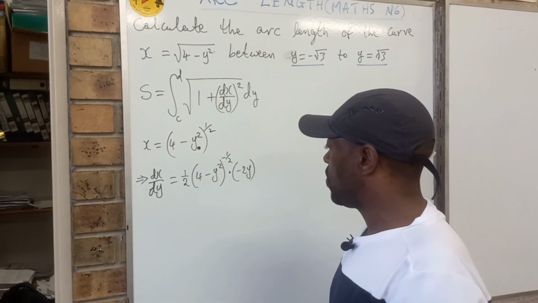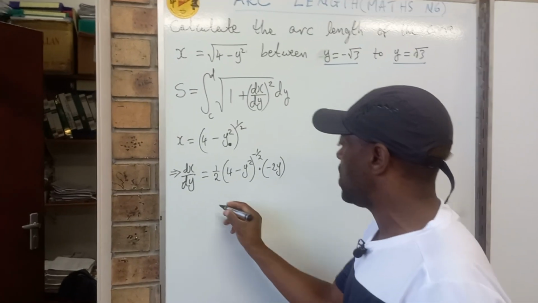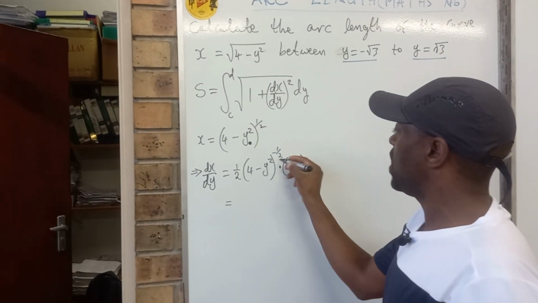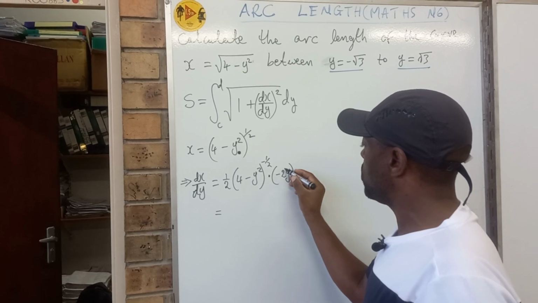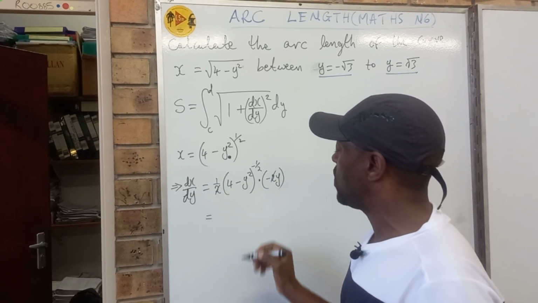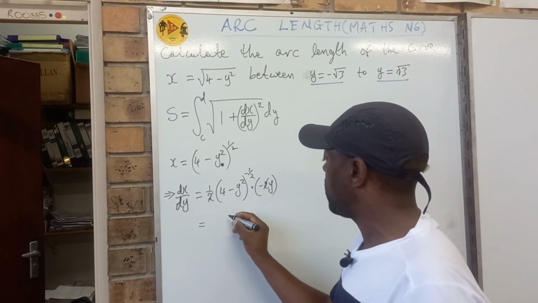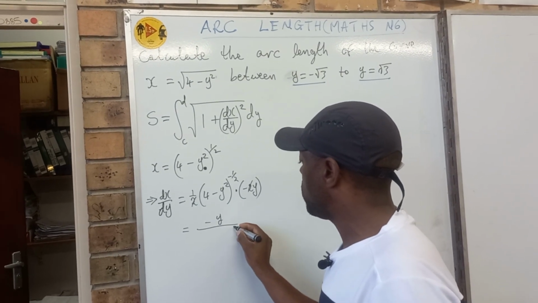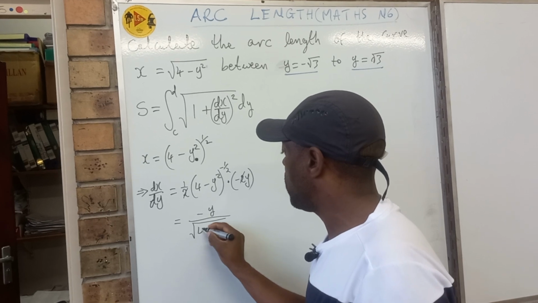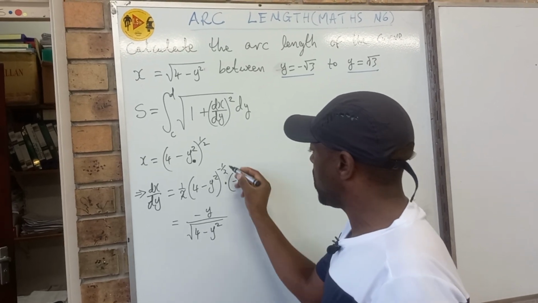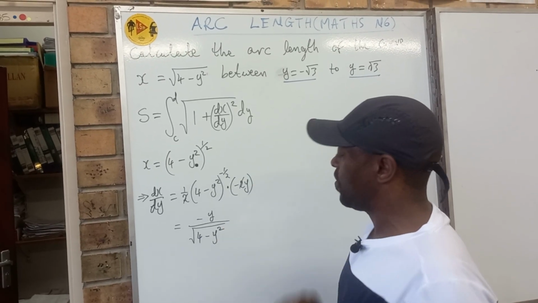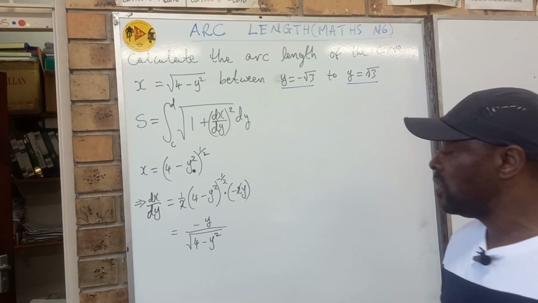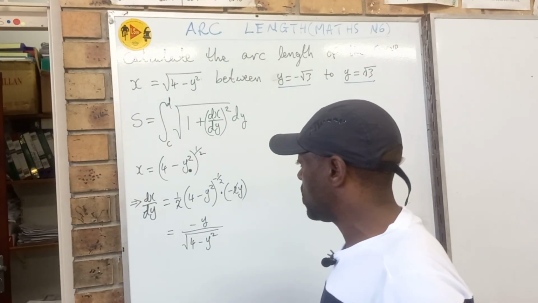Once you are done with your derivative, make sure you simplify it and get a positive exponent. The negative 2 will take care of that 2, so you will be left with negative y divided by the square root of 4 minus y squared, because that negative exponent drops to the denominator as a positive and becomes the square root.